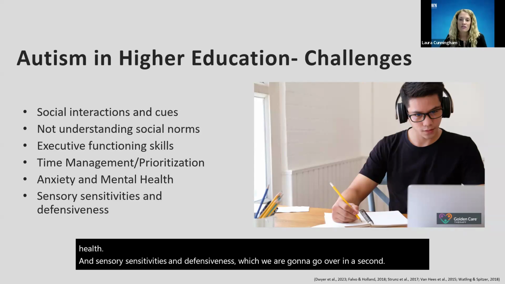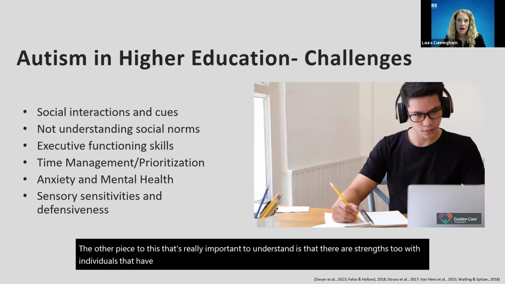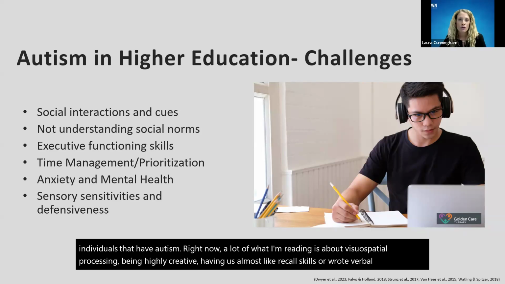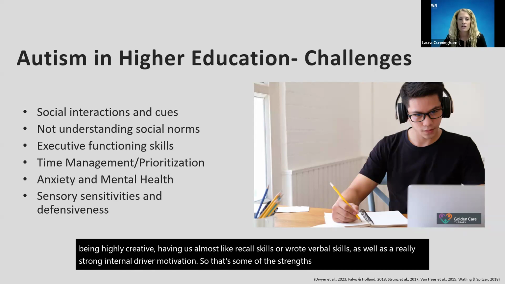The other piece to this that's really important to understand is that there are strengths too with individuals that have autism. Right now, a lot of what I'm reading is about visual spatial processing, being highly creative, having almost savant-like recall skills or rote verbal skills, as well as a really strong internal drive or motivation. So that's some of the strengths that I'm seeing in the literature.